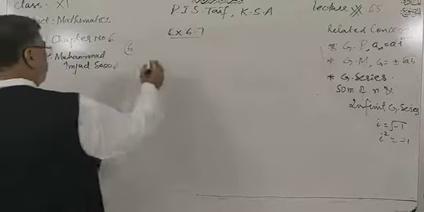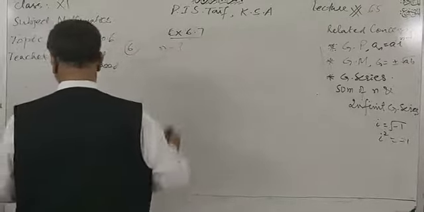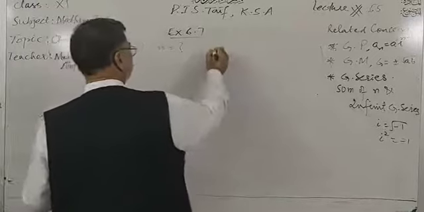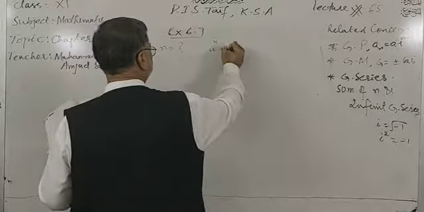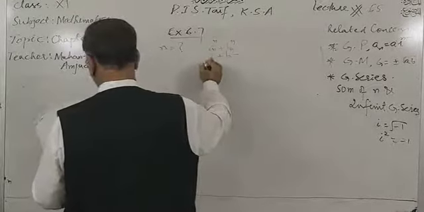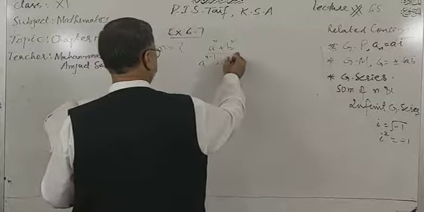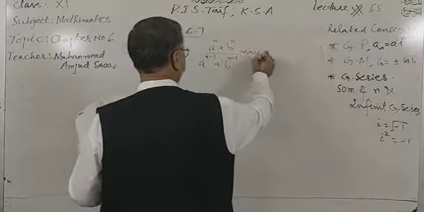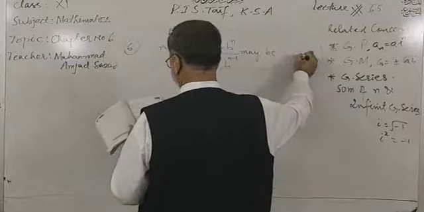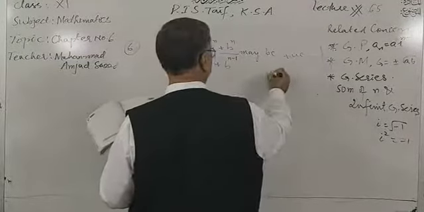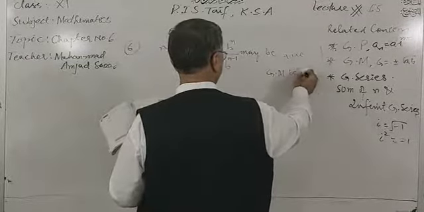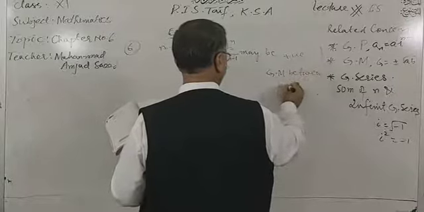For what value of n is (a^n plus b^n) over (a^(n minus 1) plus b^(n minus 1)) the positive geometric mean between A and B?